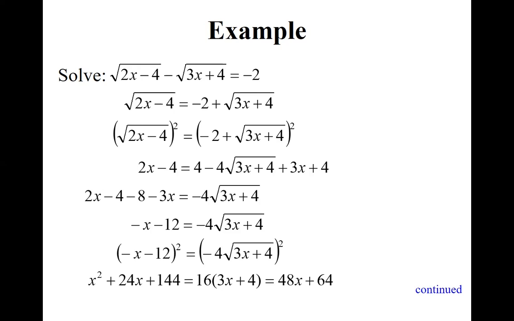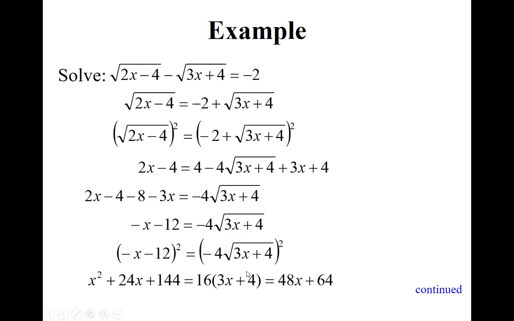Be careful when you square the negative 4 square root. Negative 4 squared is positive 16. The square root squared cancel each other out, leaving us with the 3x plus 4. That 16 is multiplied by the entire 3x plus 4, because that negative 4 was multiplied by the entire radical.